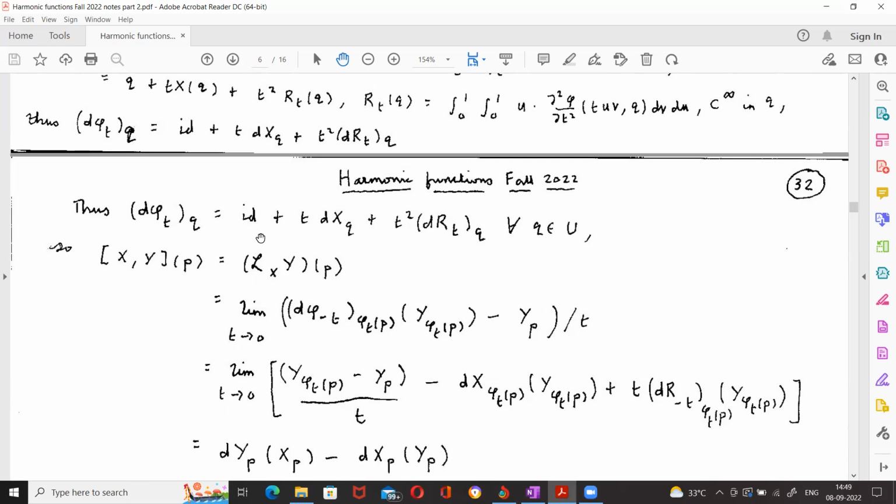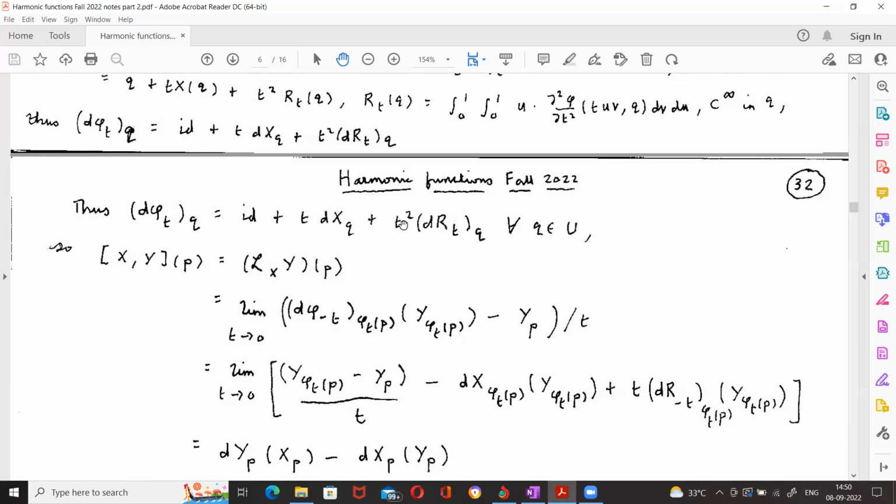First I'll get the identity term, which will just give me y at phi t of p, and then I have this minus y at p. So I'll get y at phi t of p minus y at p divided by t. And then I'll have a minus t dx at q, so that will cancel with the t here. So I'll get a minus dx at phi t of p applied to y at phi t of p.